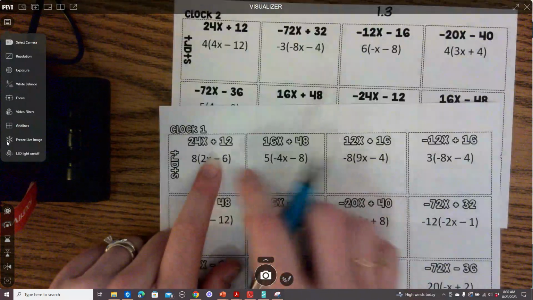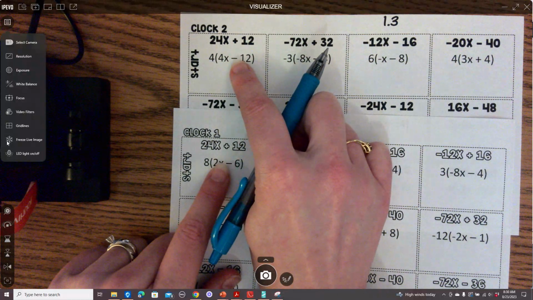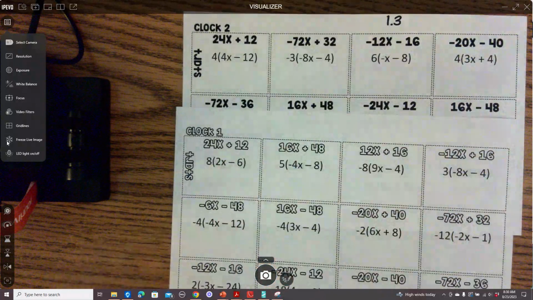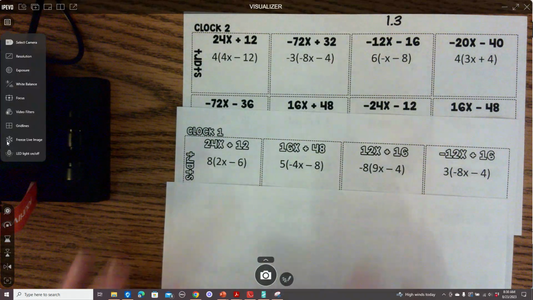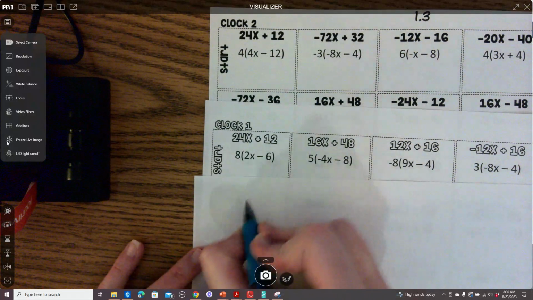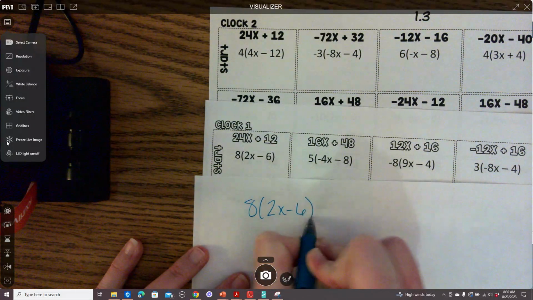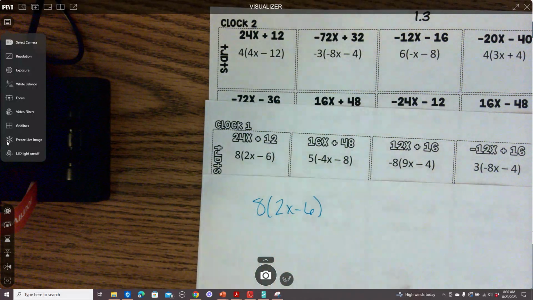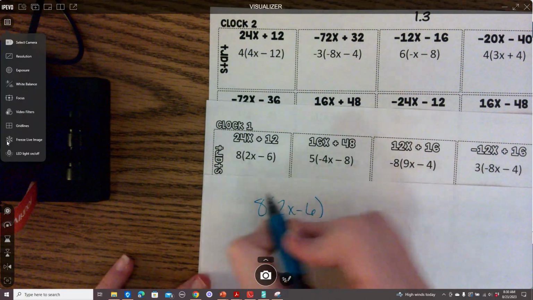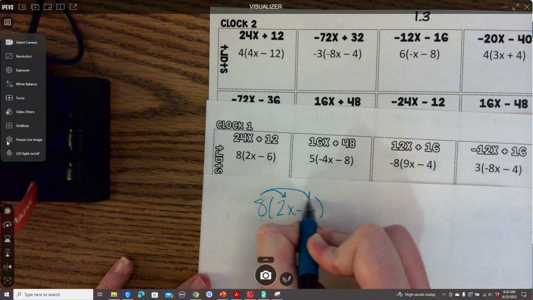All right, what we're looking at in this box that says start is this problem here. Okay? So if you have clock 1, your problem, and I'm just rewriting this because I don't have enough copies to write all over these, is 8 times 2x minus 6. So the distributive property says if we've got something out in front of parentheses, I can simplify by distributing it across everything inside the parentheses.